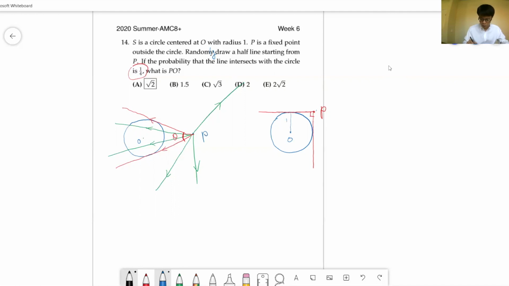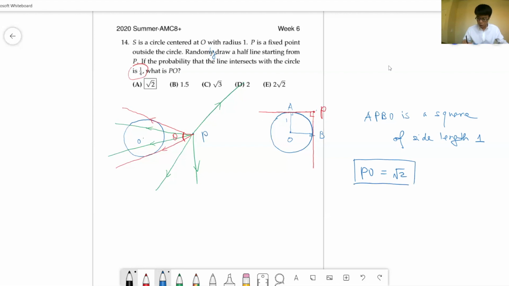If I draw a line from O to the tangent point A, and this is B, we know AO is perpendicular to this red line, and BO is also perpendicular to this line. And APBO is actually a square, with radius 1, so it is a square of side length 1. So PO just corresponds to the diagonal, and that's square root 2. So the answer is square root 2.